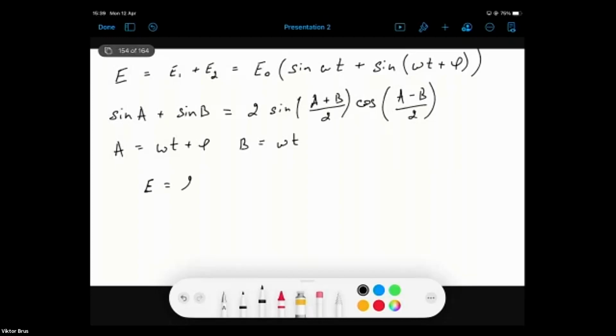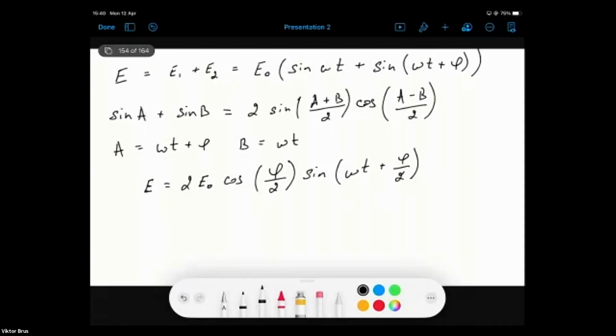So that will be 2 times E naught times cosine phi over 2 times sine omega t plus phi over 2.